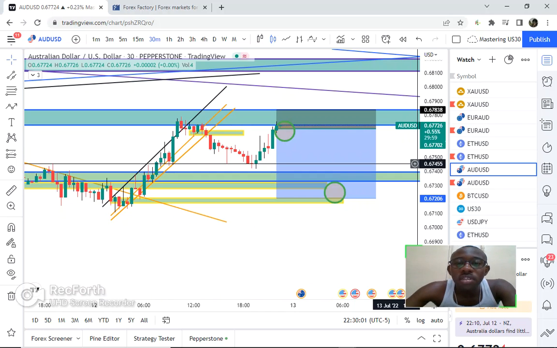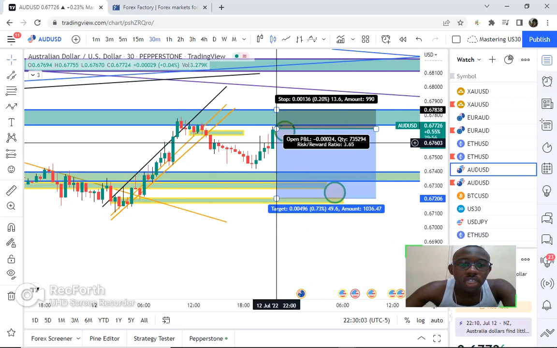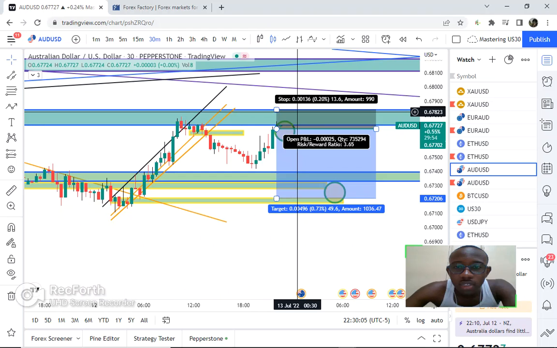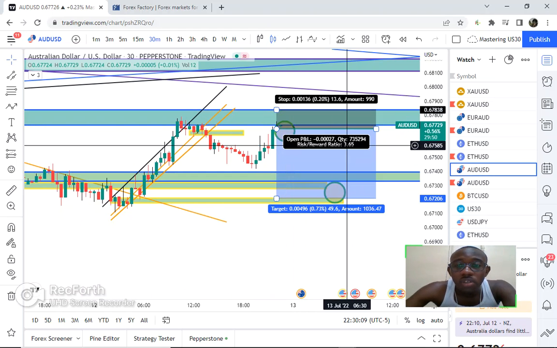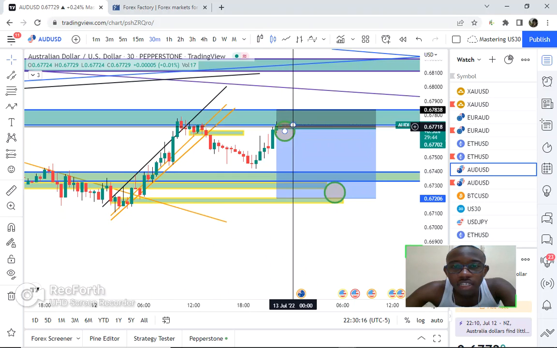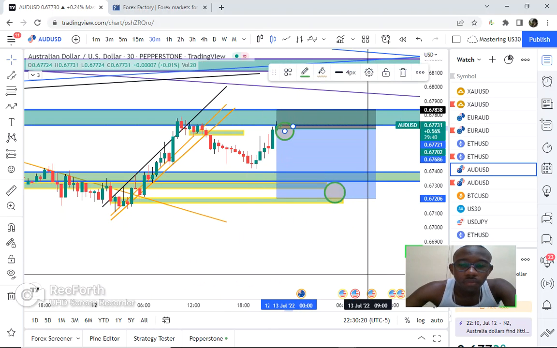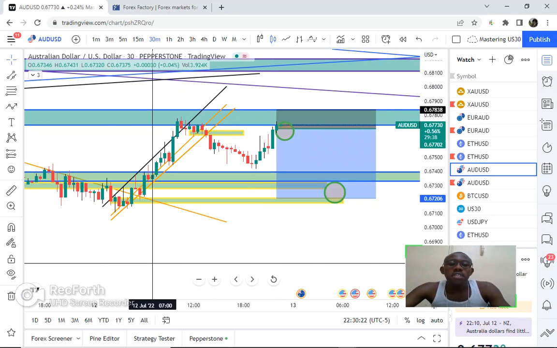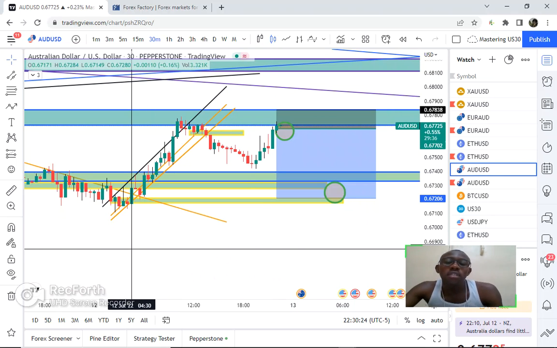We would not have known that it would have triggered so early, but regardless, we will monitor it and see what happens. So we have a 13 pip stop loss, so that's almost a 1 to 4 risk to reward. Let's see if it plays out.